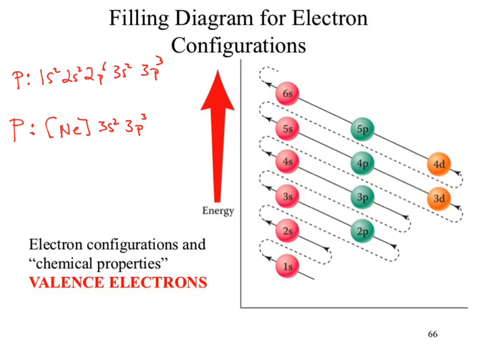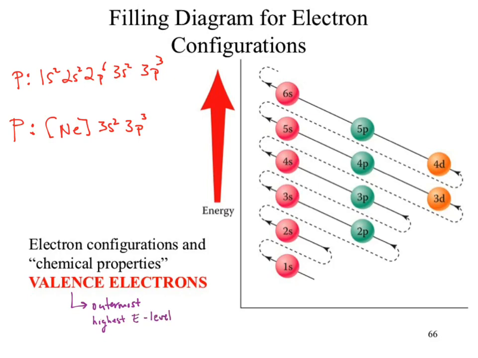So I will call those outermost electrons the valence electrons. It might be nice to get specific. Well, how much is the outermost? The outermost will be the highest energy level.